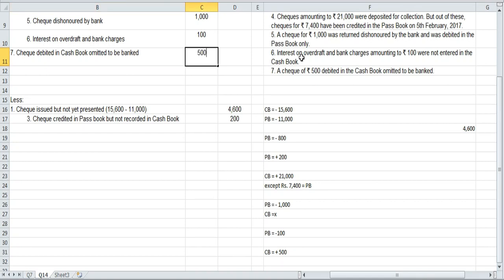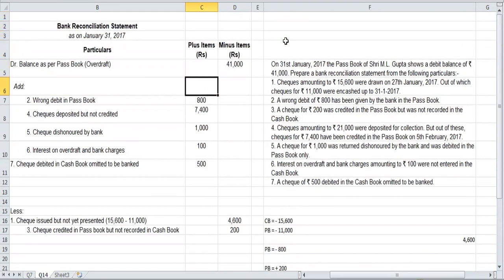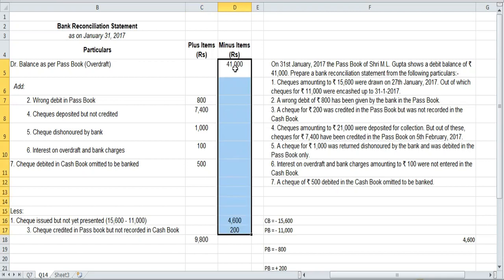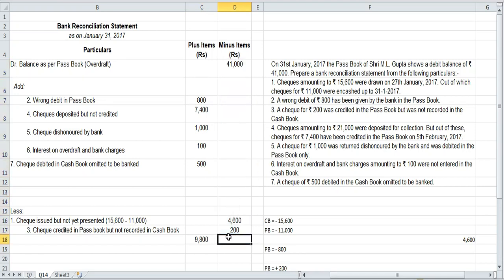Okay, so we are done with all this. Now we'll do the adding. This side it is coming to 9800, and this side it is coming to 45800.